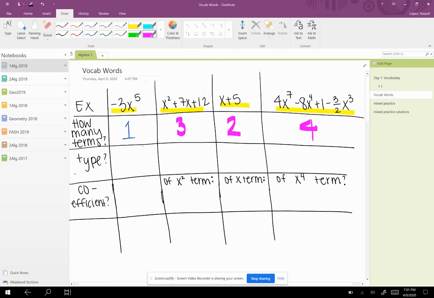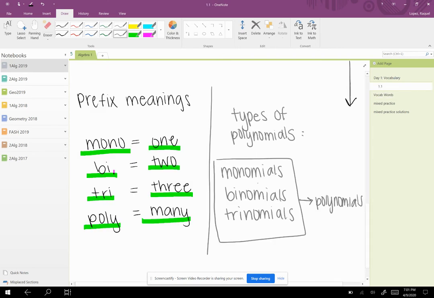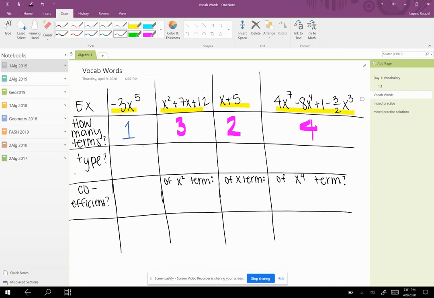Now, when I'm asking you guys for the type, I'm asking you to classify these as monomials, binomials, trinomials, or polynomials, okay? Now, if you remember what I said a couple seconds ago, I said that all monomials, binomials, and trinomials are considered polynomials. So one thing that we know is true for each one of these is that we can call them polynomial.